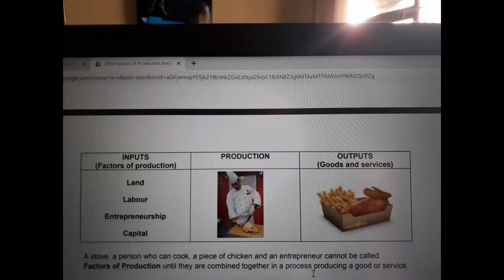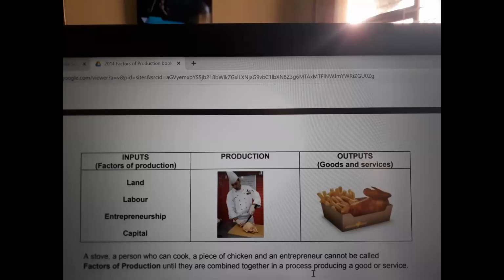You will see there are three columns. On the left-hand side, there are your four factors of production: land, labor, entrepreneurship, and capital. Then the middle column is production, and the third column is outputs, doesn't matter if it's goods or services.